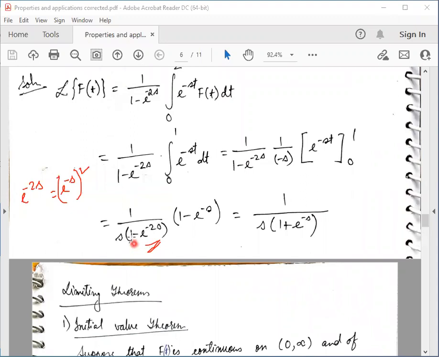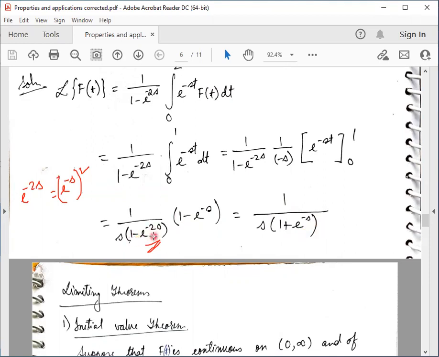That means this is 1 minus e to the power minus s squared, and this is 1 minus e to the power minus s. So this is a square minus b square form. So this can be written as a plus b whole into a minus b. Then a minus b will cancel out with this, and what remains is only a plus b. So 1 by s times 1 plus e to the power minus s.